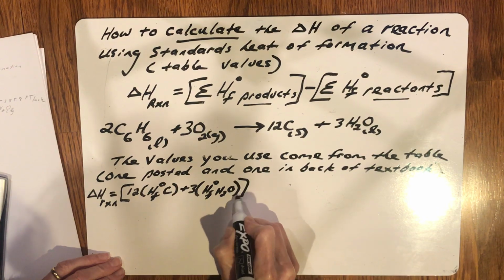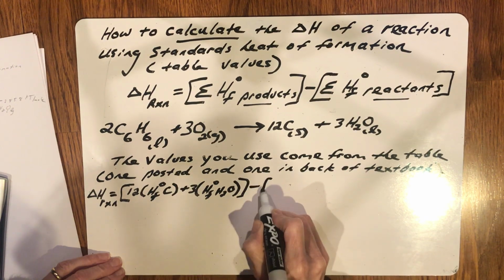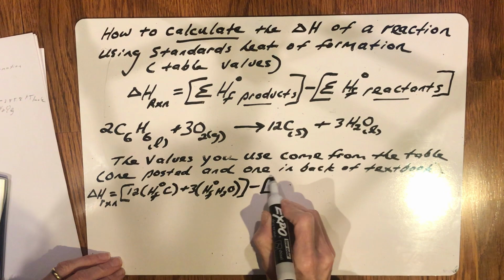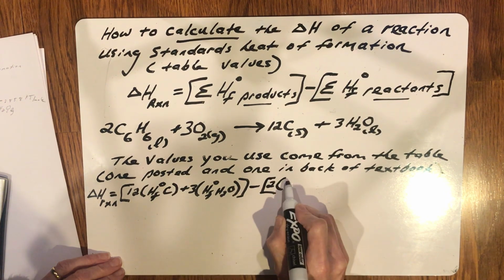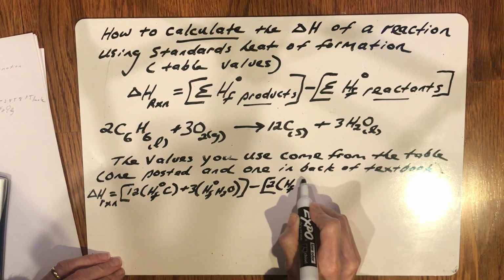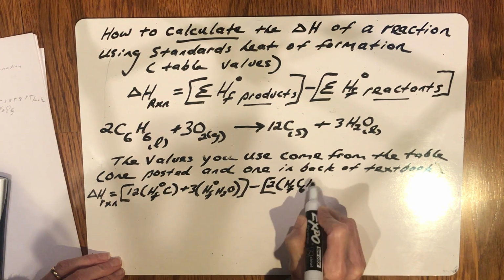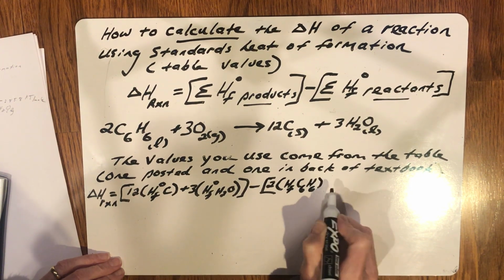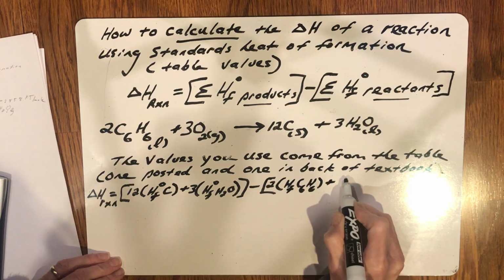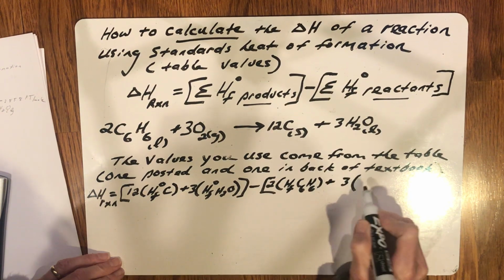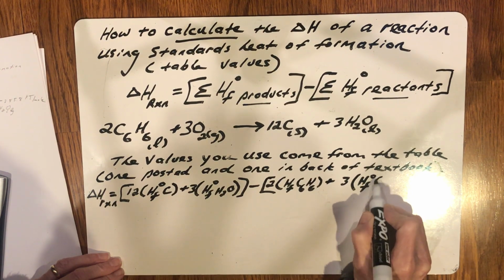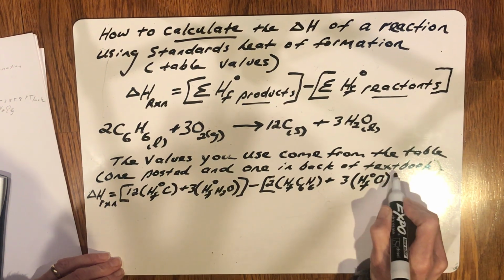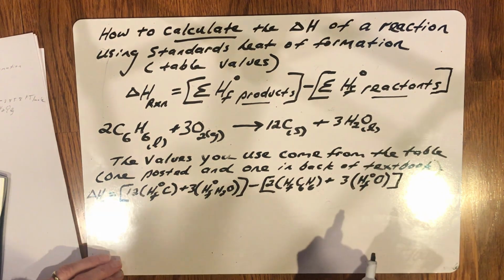And I would close the bracket, and then I would say minus 2 times the standard heat of formation of benzene plus 3 times the standard heat of formation of oxygen, and close the bracket on this side.